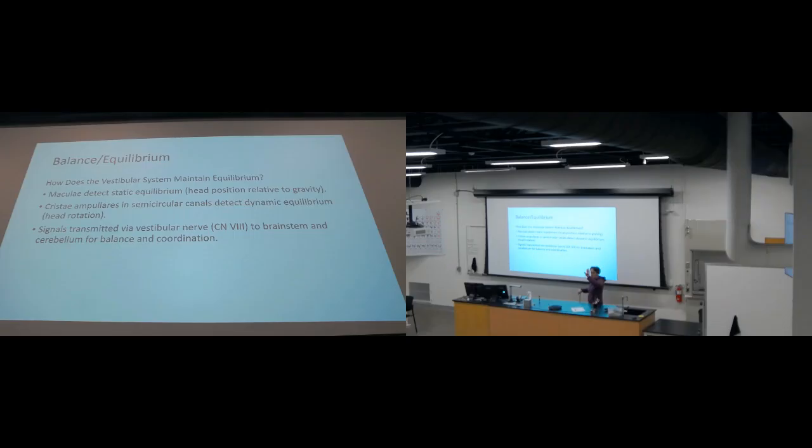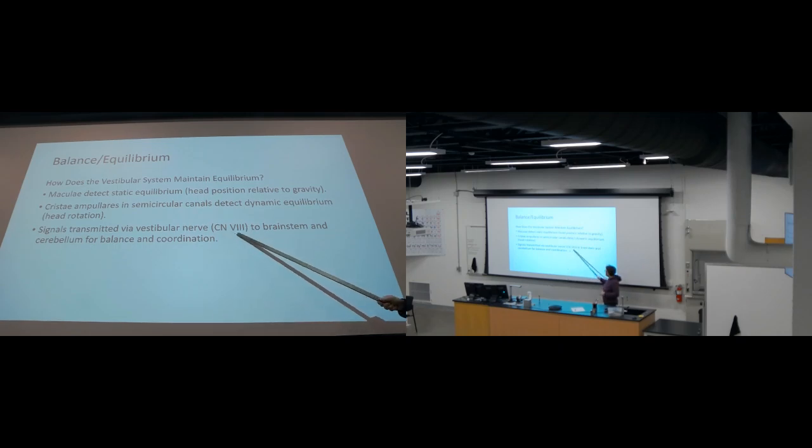And then when this movement happens, these stereocilia, or these cilia in the hair cells, can move this gel, and then you can detect what type of movement you have, and then you will adjust your body to maintain equilibrium so that you don't fall.